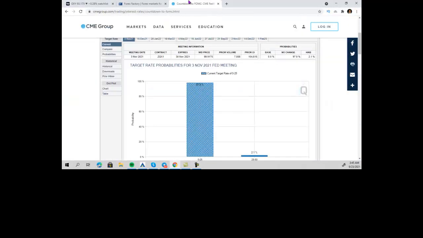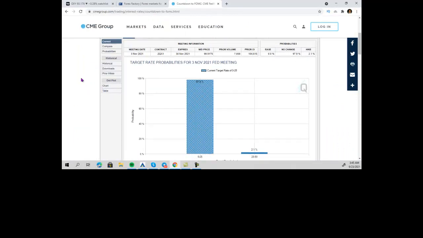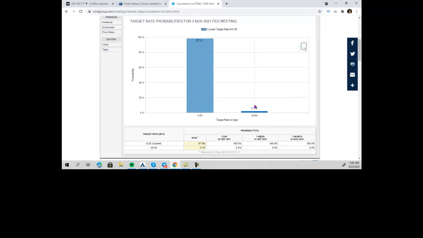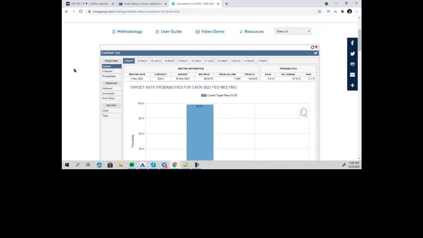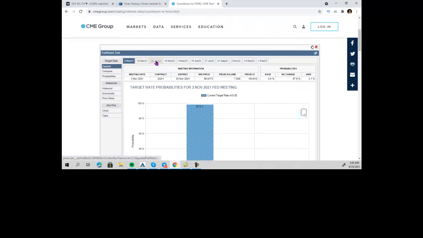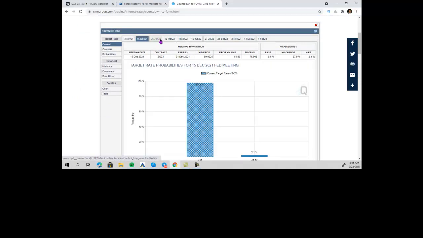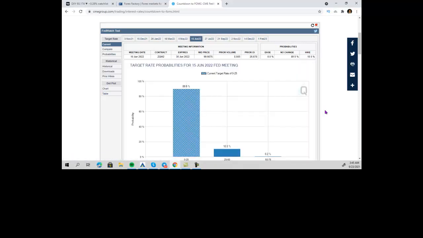So let's go down to the countdown to FOMC, the watch tool from the CME Group. As you can see, the probability for a rate hike in November, December, January 2022, March 2022, etc. remains at 2.1%.